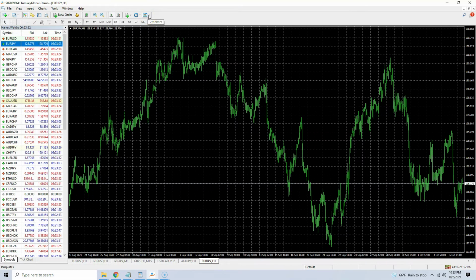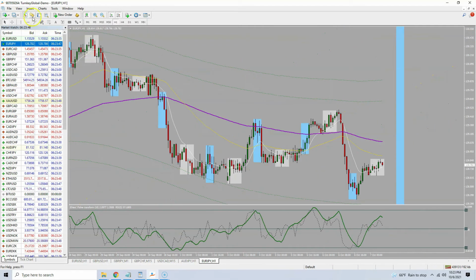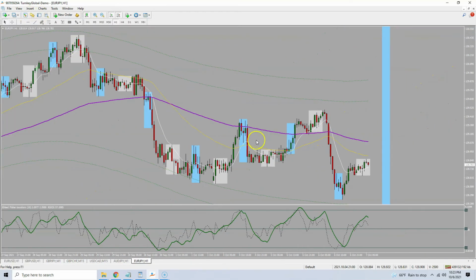This is your templates box, and I'm going to give you my templates in the video where I show you how to set up a demo account. But once you get the templates, all you'll have to do is click on that box, and then the template that I give you, you can click on the main chart, and then it'll make your chart look exactly like mine. And you'll have all this stuff.